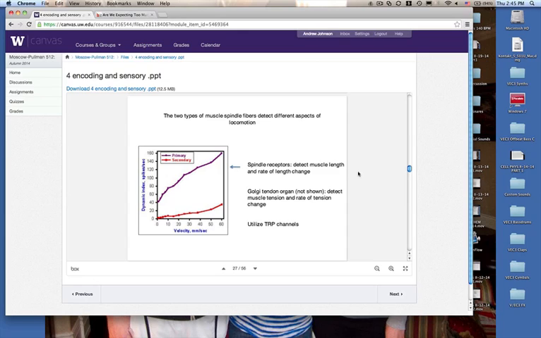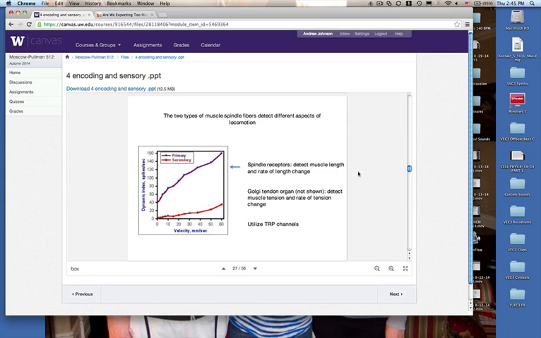So I just want to mention these because we're going to have an example later on. For now, I don't need you to know anything else except there's muscle spindle and Golgi tendon organs, and their channels are what's going to initiate action potentials.